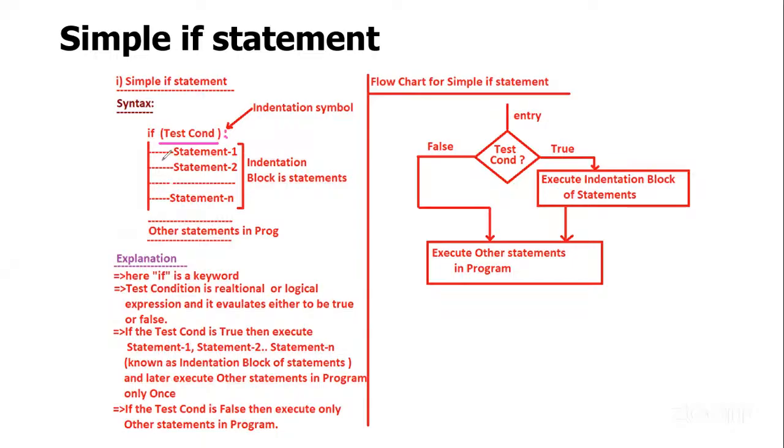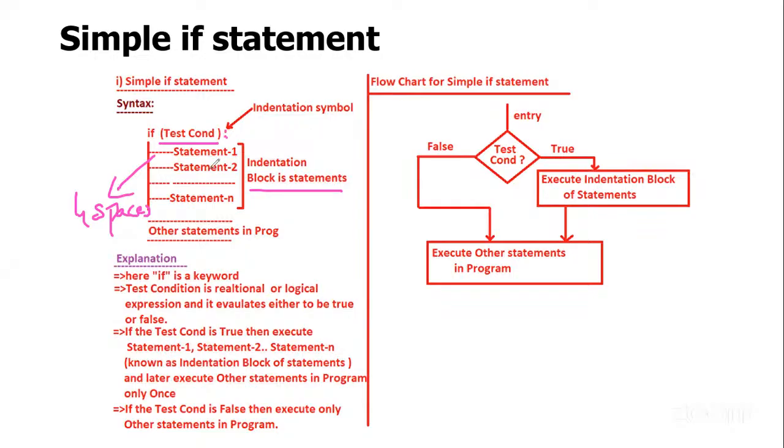By default this space will be 4 spaces. And the statements that you keep under this if block are called the indentation block of statements. Then once after keeping all the block of statements, you can go and keep the other statements in the program. So this is the syntax for simple if statement.